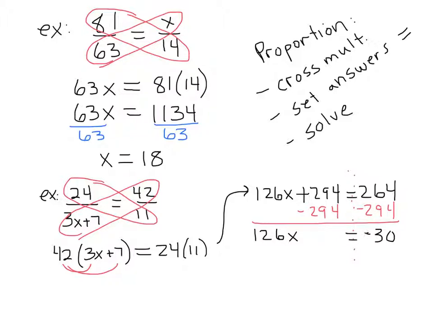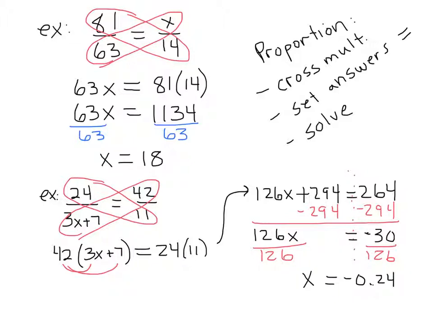Almost done. I need to get rid of this 126 multiplied by the x. So I'll divide by 126 on both sides of the equal sign. And my answer for x, my solution, negative 30 divided by 126 is negative 0.24.